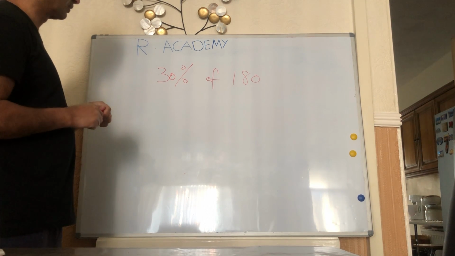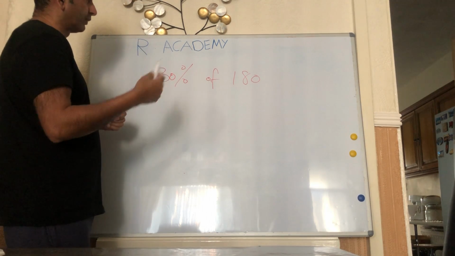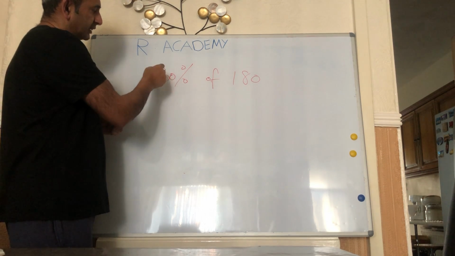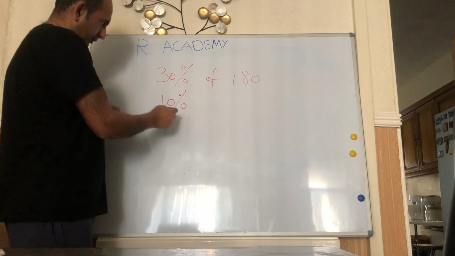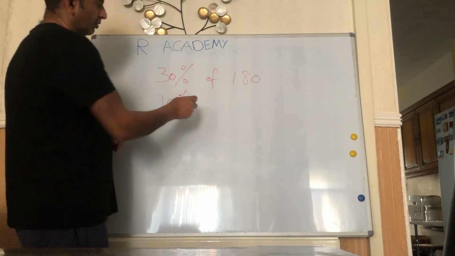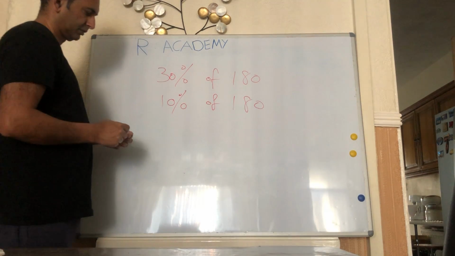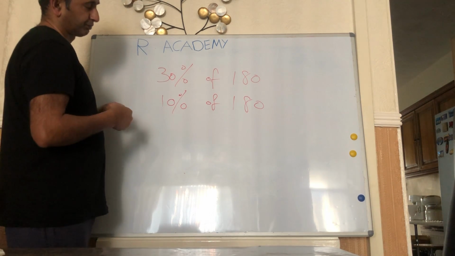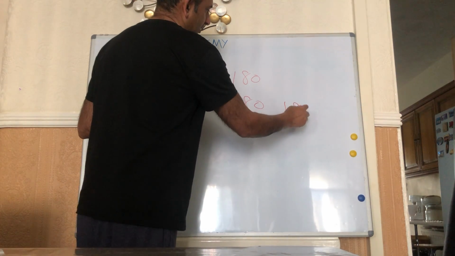It's not too difficult, but the quickest and easiest way for a child to do this would be to bring this down and divide it until it comes to 10. So dividing it by 3 will bring it to 10%. So 10% of 180 is basically going to be 10 times that, which is just adding another 0.